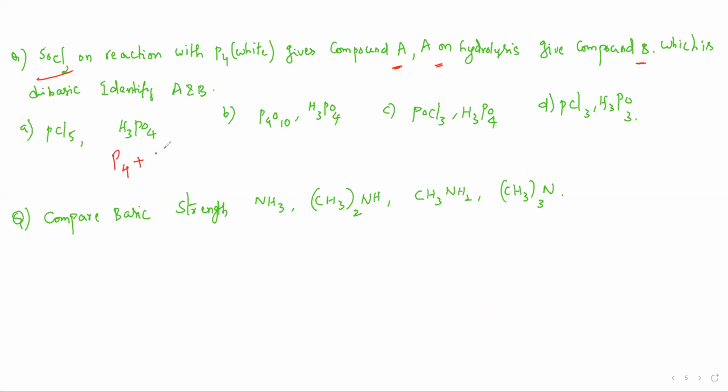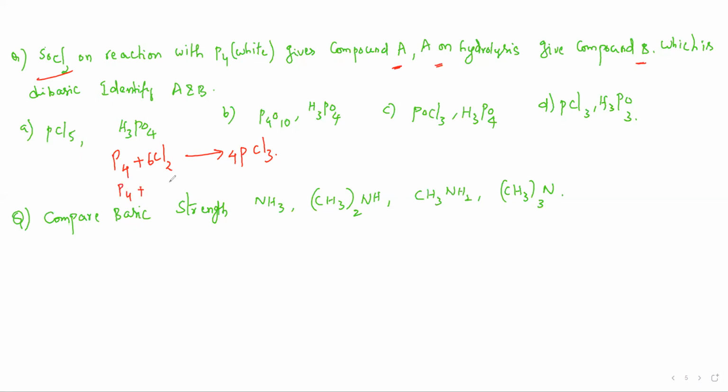When it reacts with Cl2, generally we will get PCl3. Depending on the amount of Cl2, it can even give PCl5. Here we are taking PCl3. This PCl3 is also prepared from SOCl2, that is thionyl chloride.